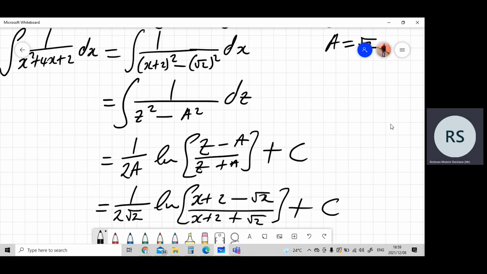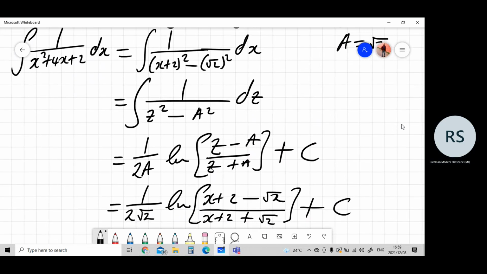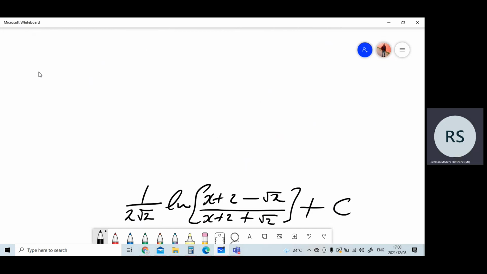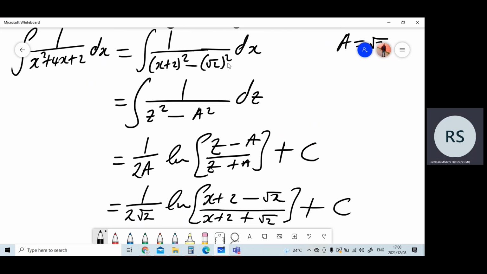So here, as you can check, we wanted the integral of 1 over x squared plus 4x plus 2.